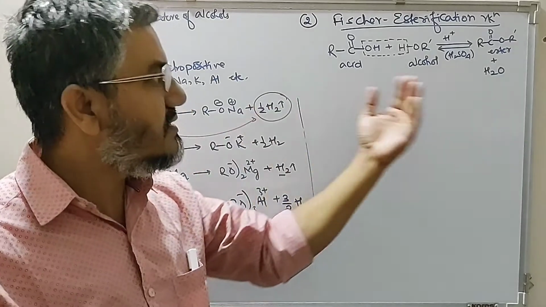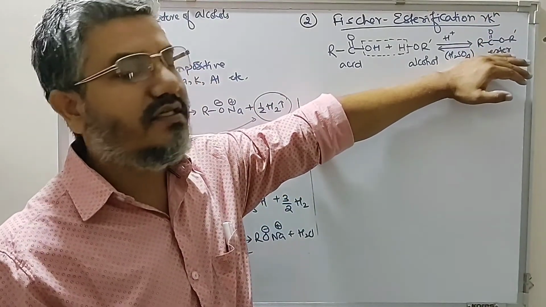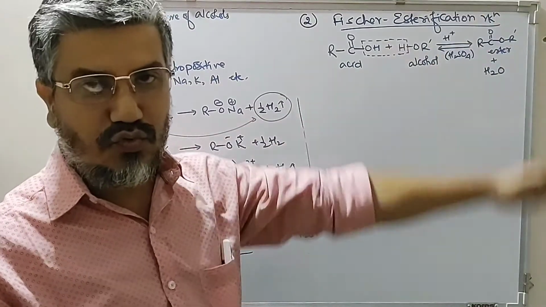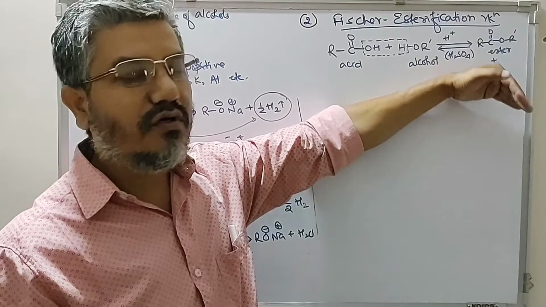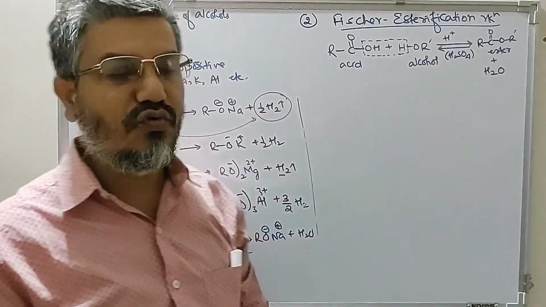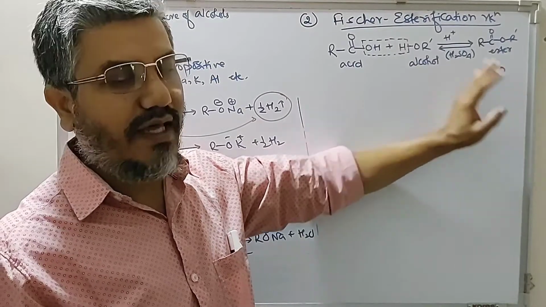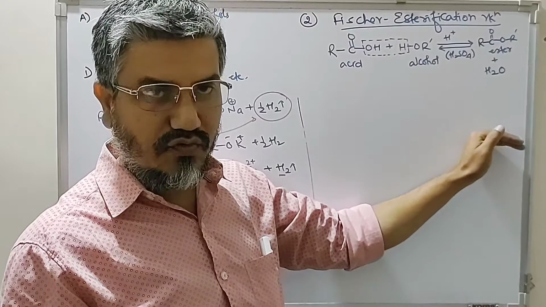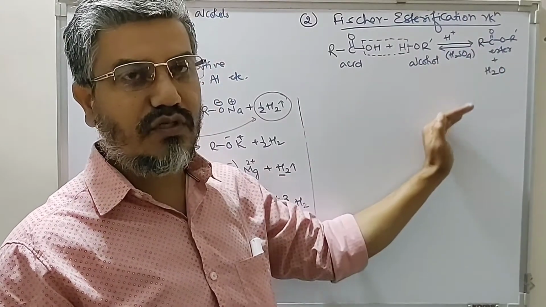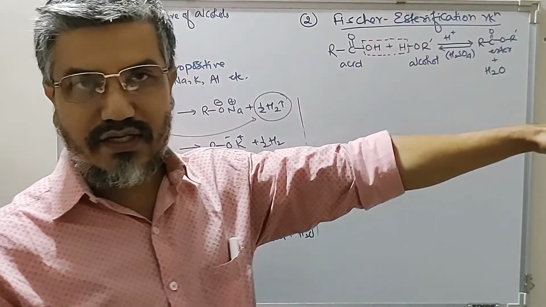Now to increase the yield of this ester, the water formed in the reaction is to be continuously removed. If the product water is continuously removed, then the equilibrium will be disturbed. According to Le Chatelier's principle, if the product is removed continuously from an equilibrium mixture, the reaction equilibrium shifts to the forward direction.